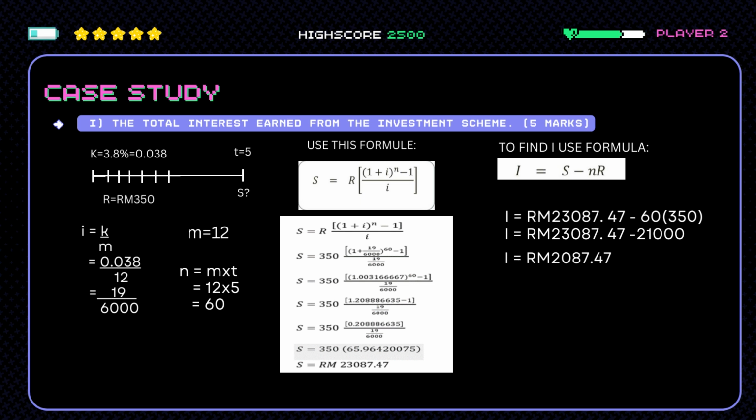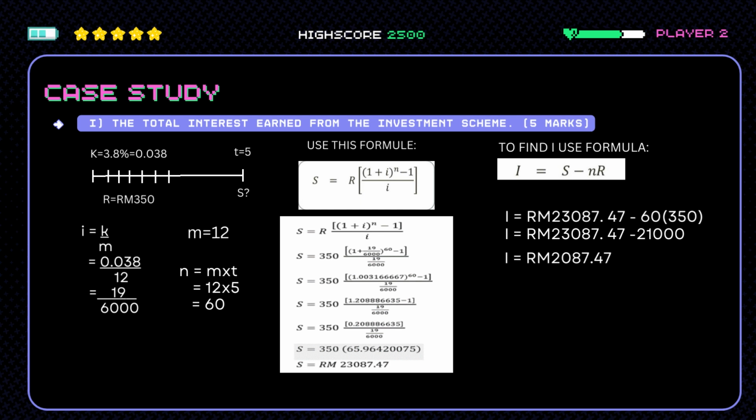350 in the bracket 1 plus i, where i is 19 over 6,000, n is 16, minus 1, over i, which is 19 over 6,000. First we do the bracket: 1 plus 19 over 6,000, we get 1.0031666667. After that we power 16, we got 1.20888665, minus 1 and we get 0.20888665.